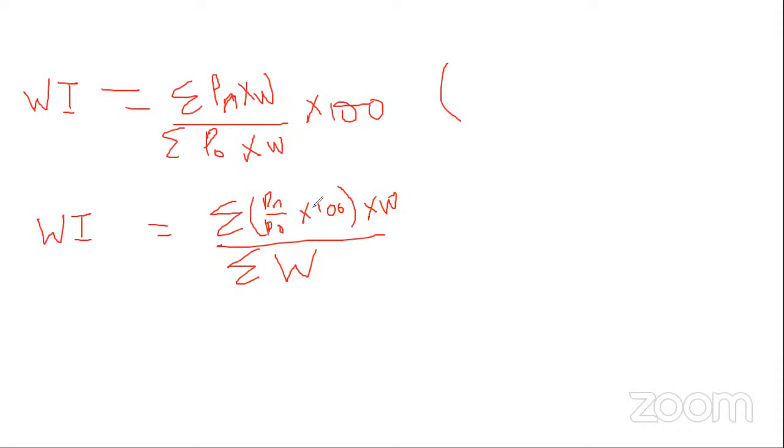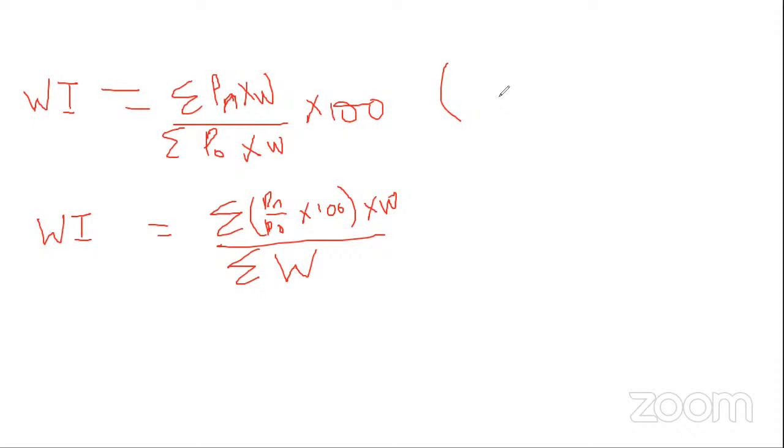So after getting this price relative, we will get price relative times W, which is the weight. Then we divide by summation of the weights. So still that is how we do.